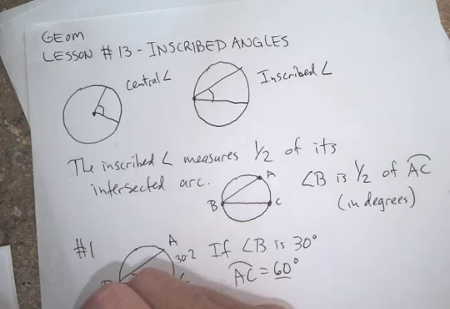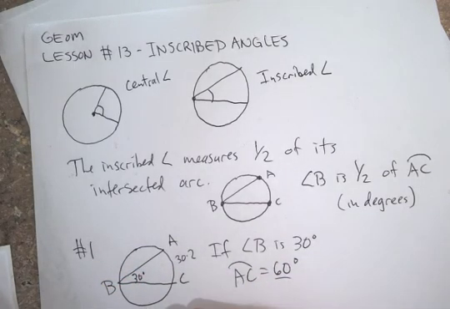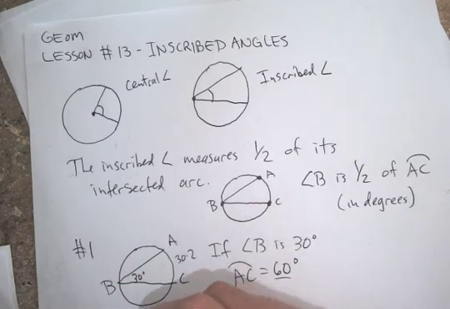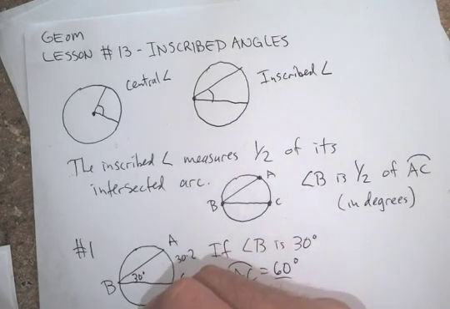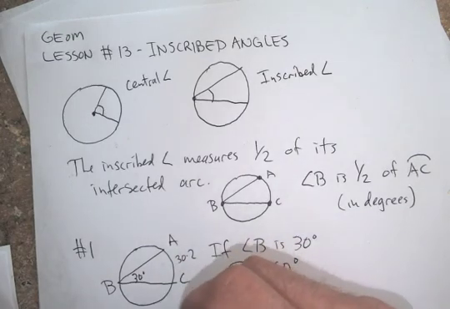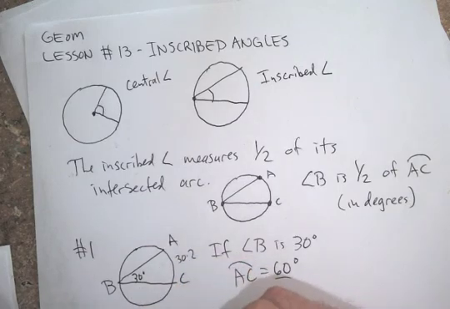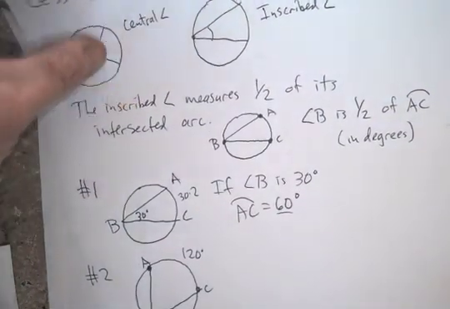Going the other way, say I give you the arc is, let's say, 120 degrees, so it's past the 90 here. It's a 120 degree arc AC, and then we draw it back to an inscribed angle, angle B, like that.